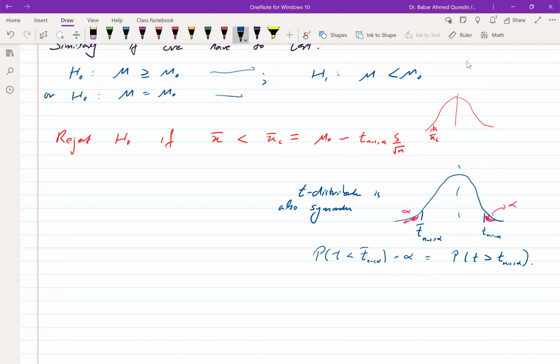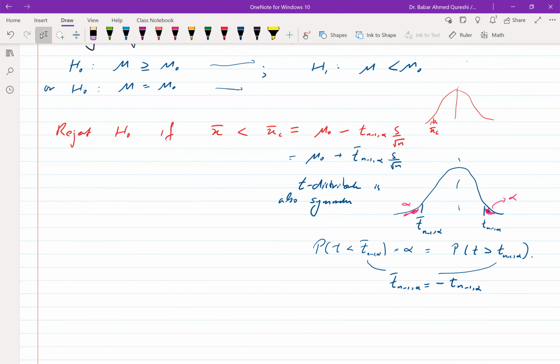And because of the symmetry, these two numbers are related. It's just minus t n minus 1 alpha. So over here, I could have written it like this. But because of the symmetry, I can just compute this kind of critical value and put it here.